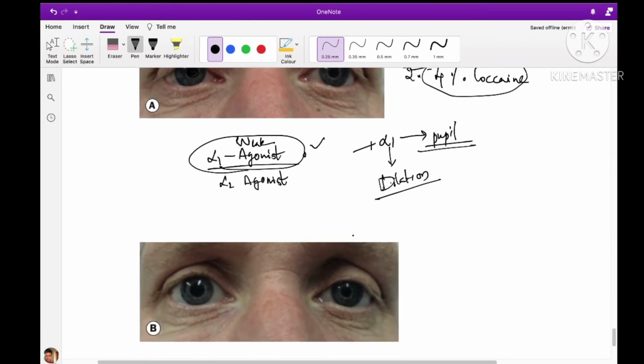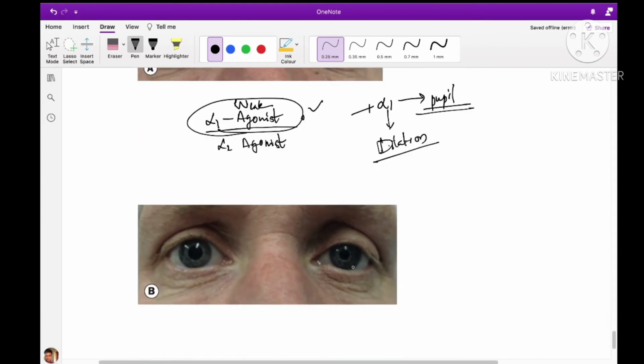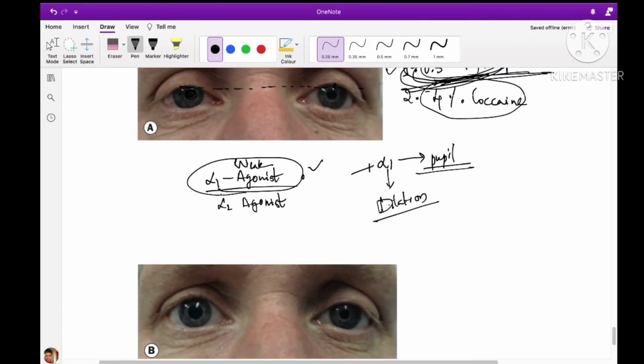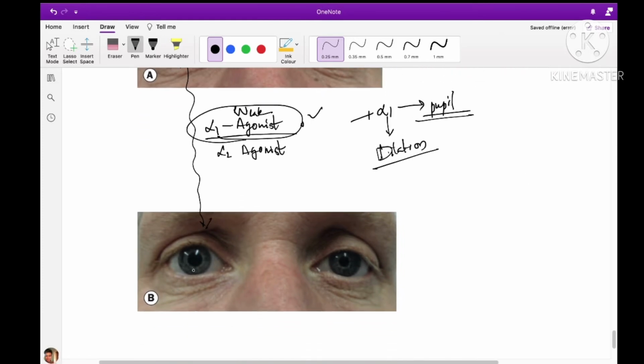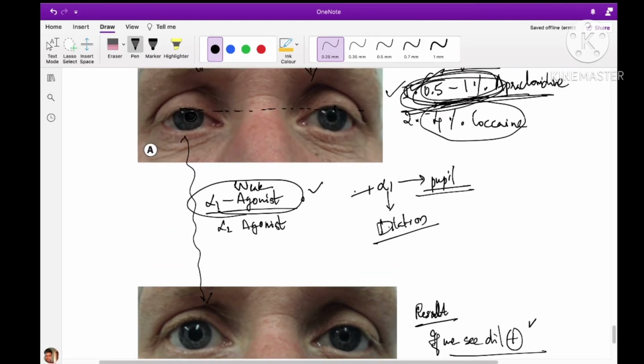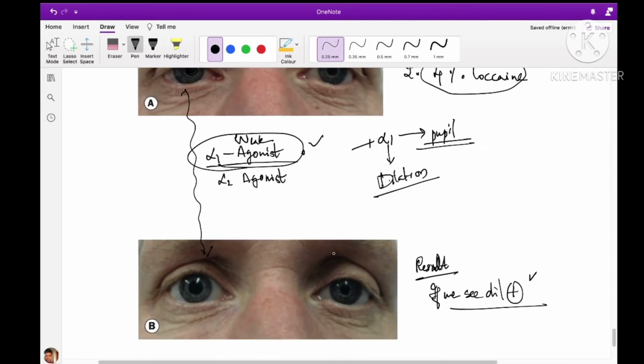But what happens in a Horner's eye? This was the suspected Horner's eye. Here you can see clearly dilation has happened. So this is the result: if we see dilation, then it is confirmed, right? That is Horner syndrome. And here you can see the same eye, no change.